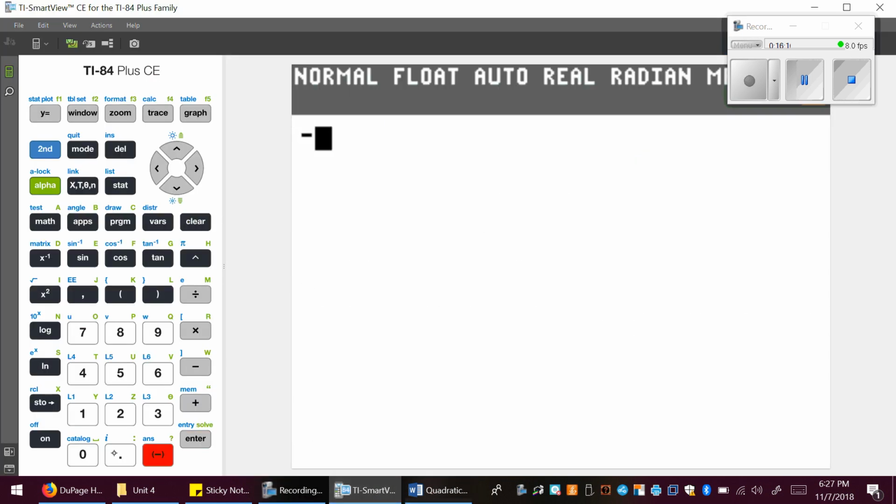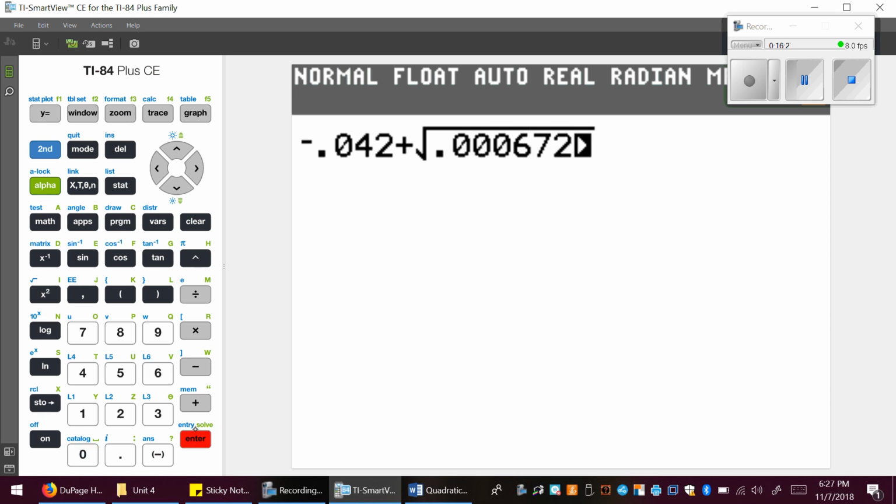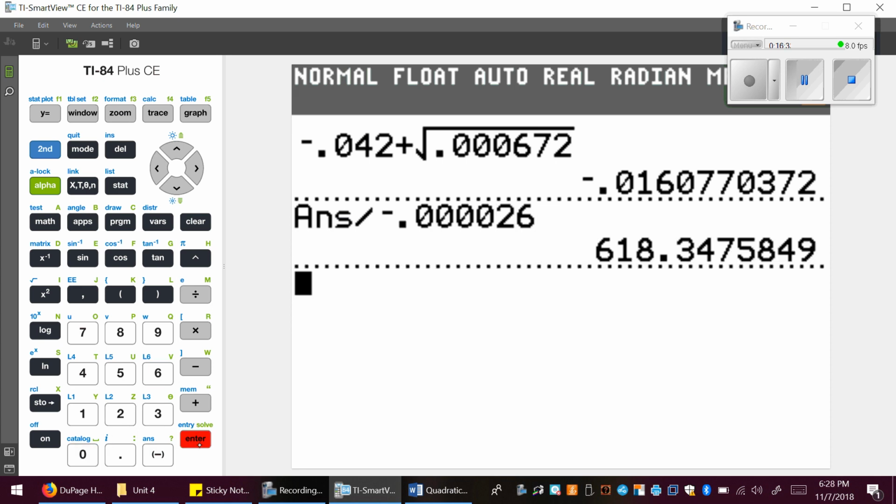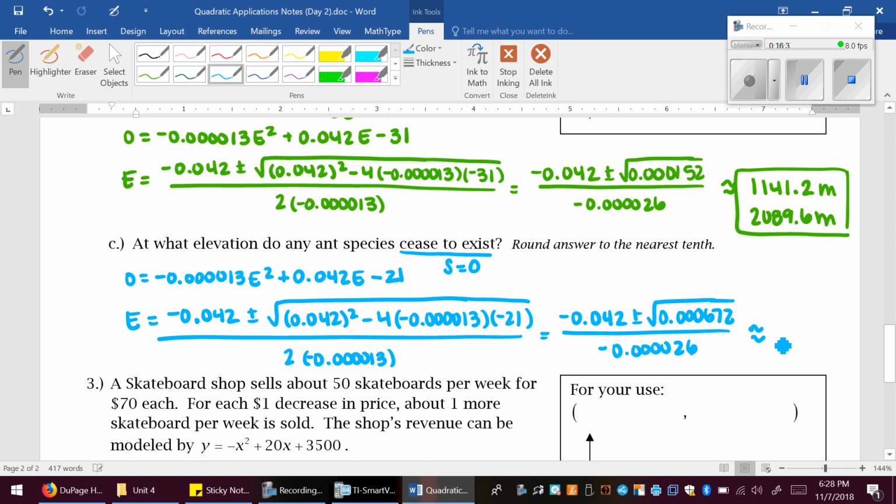So I'll do negative 0.042 plus the square root of 0.000672. Divide that by negative 0.000026. I have 618.3 approximately.